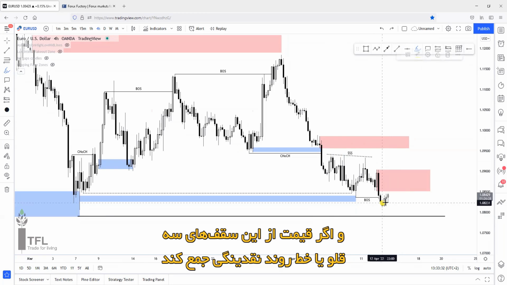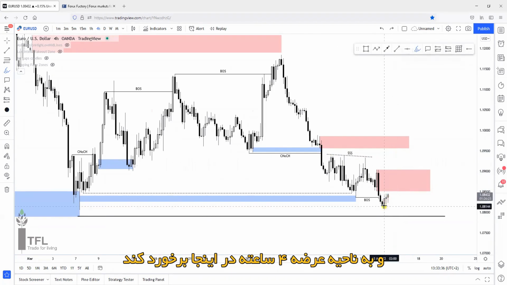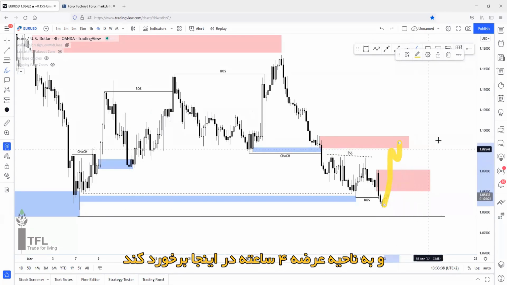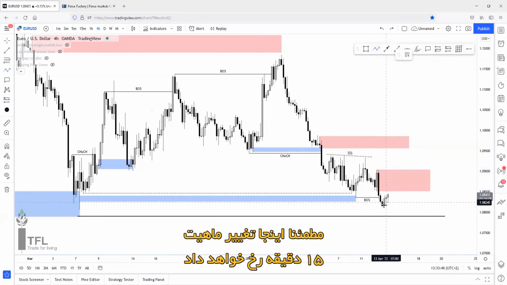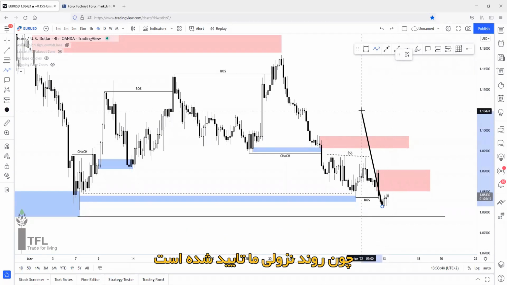And if price collects more liquidity from these triple taps or trend line and taps into this 4-hour supply zone right here, the change of character on the 15-minute chart will surely happen, because our trend has been confirmed that it's bearish.